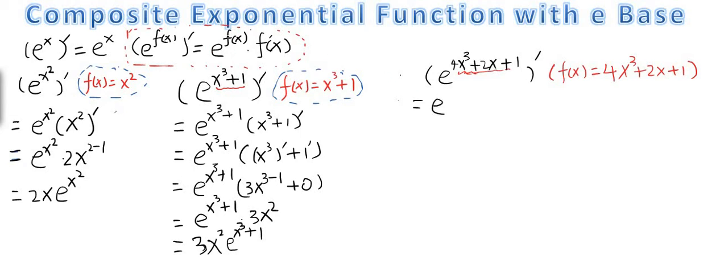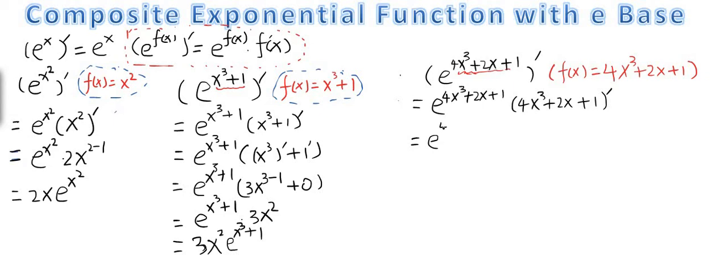e to the power f(x), that is 4x cubed plus 2x plus 1, and the derivative of f(x), that shall be 4x cubed plus 2x plus 1 prime. And then the left work is going to be the derivative of this polynomial, right?